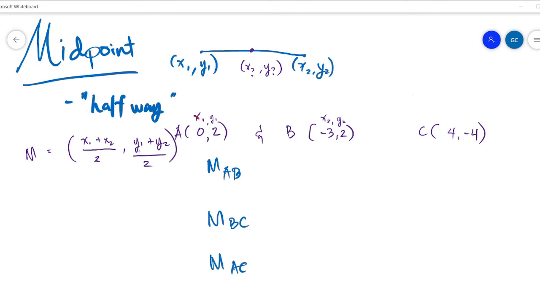We can use this formula. For the midpoint of AB, we have x1 and x2, we just add them.